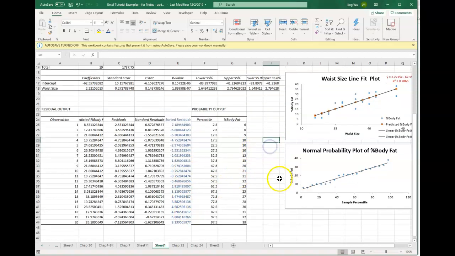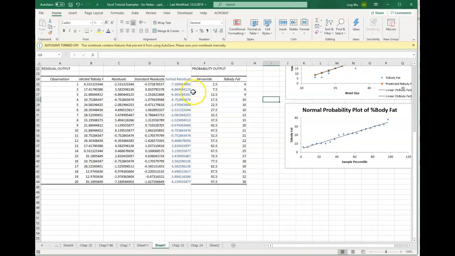Now we draw the normal probability plot with the sorted residuals. Remember before we had a probability for each data point. Here we just select this percentile, which is those probabilities converted into percentiles.